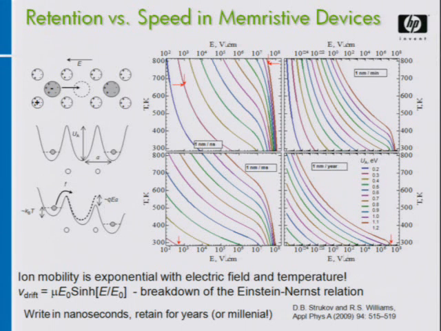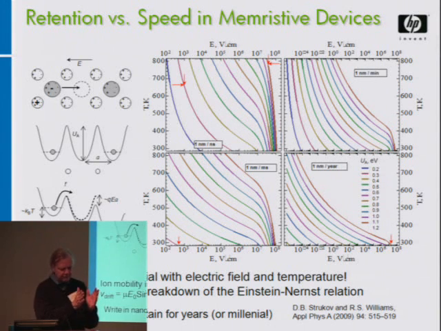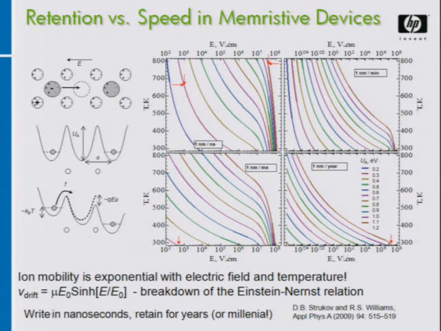In a normal system, you'd normally think about, using the Einstein-Nernst relationship, you would have at most a factor of about 3 orders of magnitude difference in the switching time and the state lifetime of a system. And that's because the Einstein-Nernst relationship tells you how drift and the mobility and the diffusion constant in a semiconductor are related to each other.